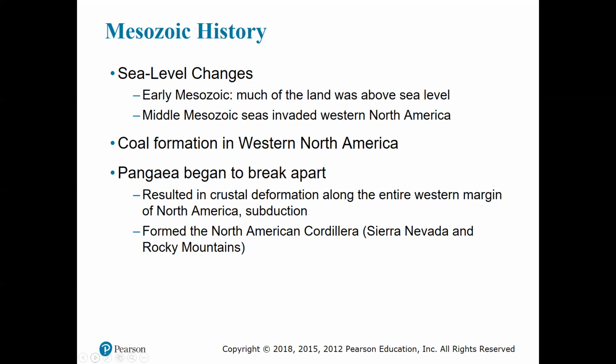It led to some batholith formation in Idaho, granitic plutons in the Sierra Nevada, and we got the North American Cordillera that extends from Wyoming to Alaska. That makes up the Sierra Nevada, the Rocky Mountains, and the Bighorns, the Sangre de Cristo Mountains, all of these mountains out west.